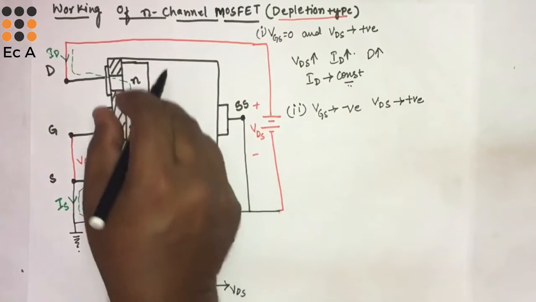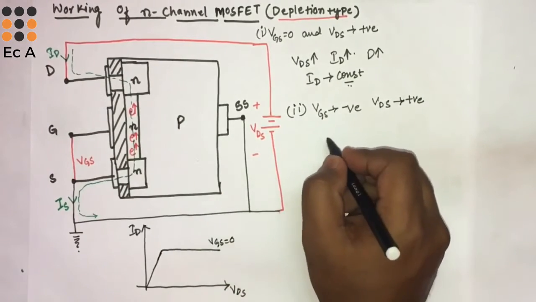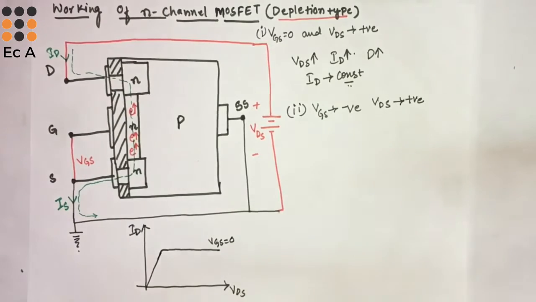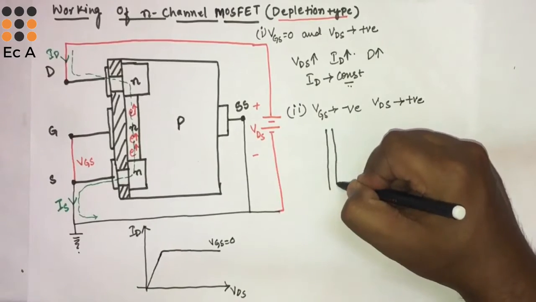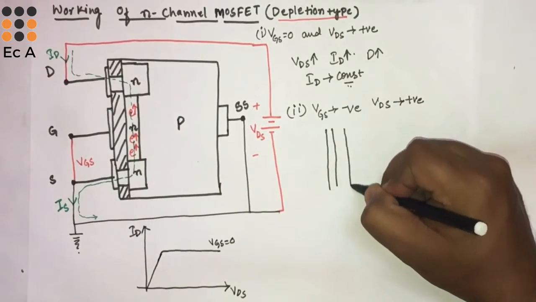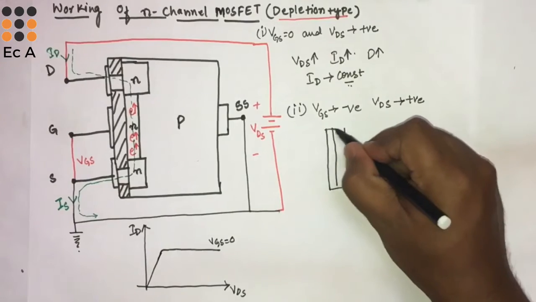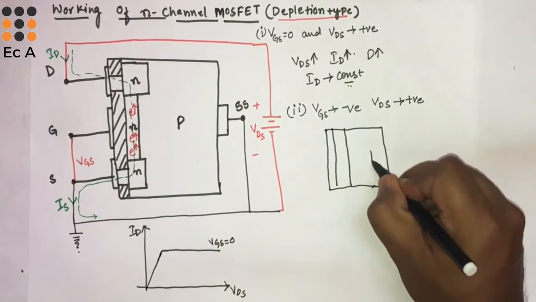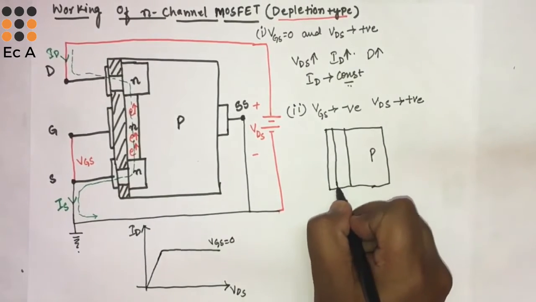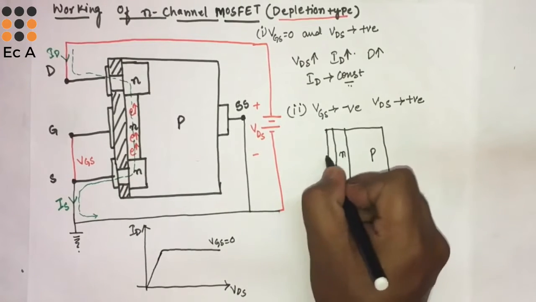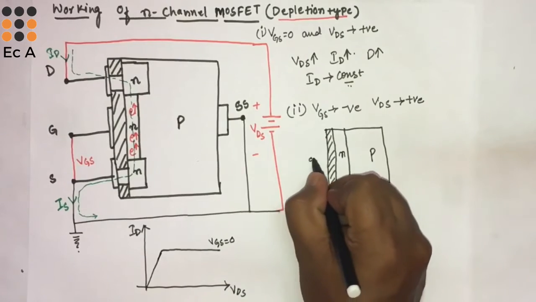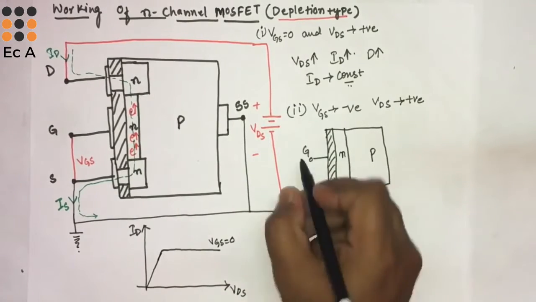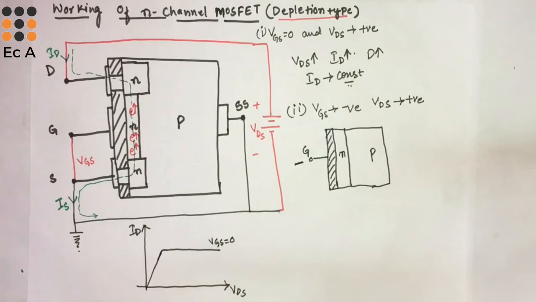Now, to understand this, let us take only the gate section, the gate along with the channel and the P region. This is the P substrate, this is the N channel, and this is the insulation below the gate. We have made this gate terminal negative.